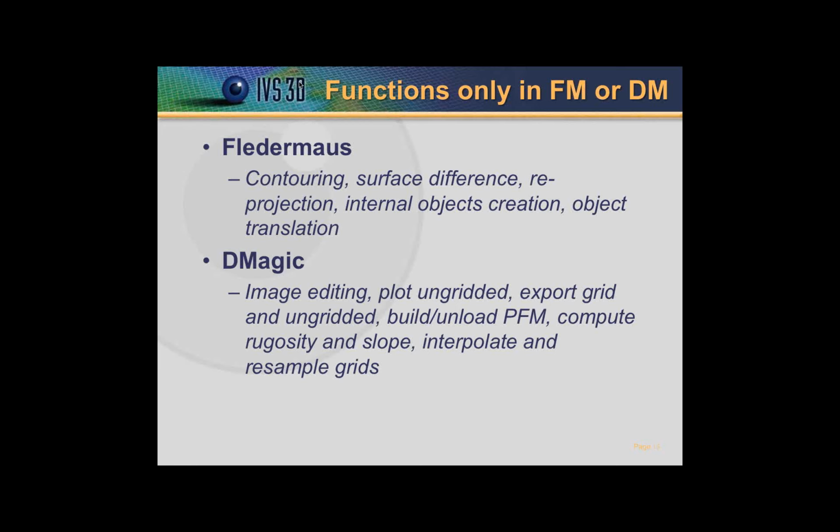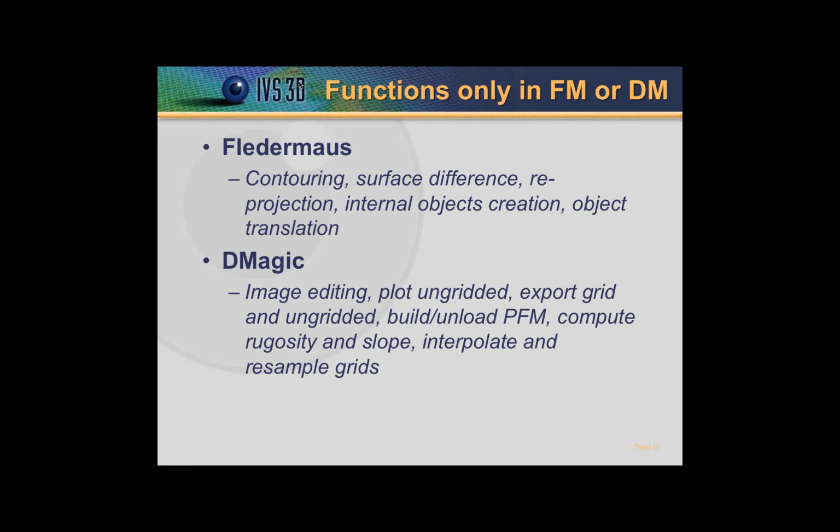Within Fledermaus, I didn't show that, but you contour data, that's done on a surface object, as is surface differencing. You can reproject surface objects to another georeferencing system that is currently just within Fledermaus. So if you're working in one UTM zone and you want to deliver to someone else in another zone or an adjacent one, you can do that within Fledermaus.